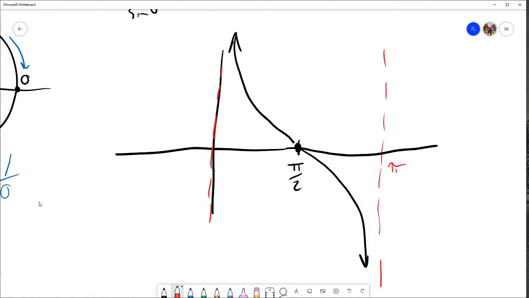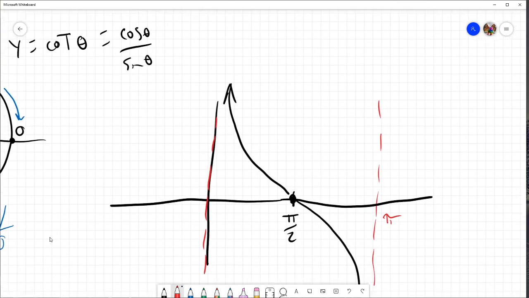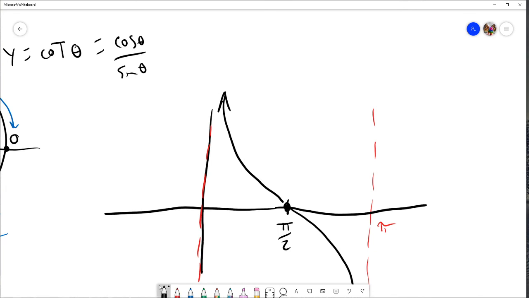Alright, so there's cotangent. And we can denote our domain and range. So cotangent theta, domain. It's going to be very similar.